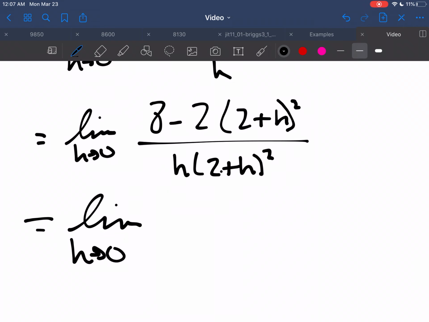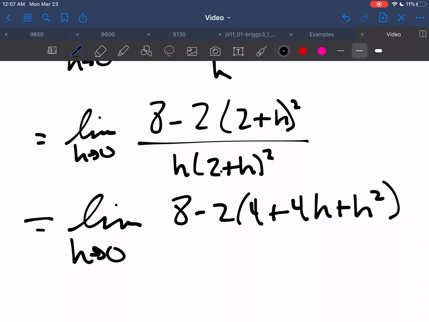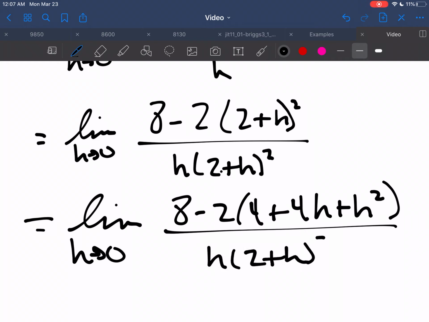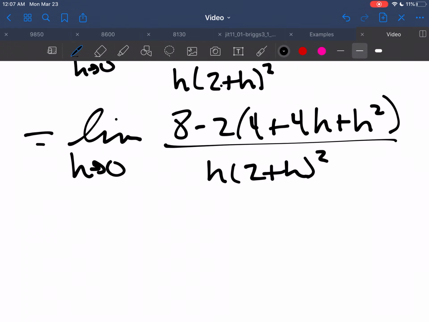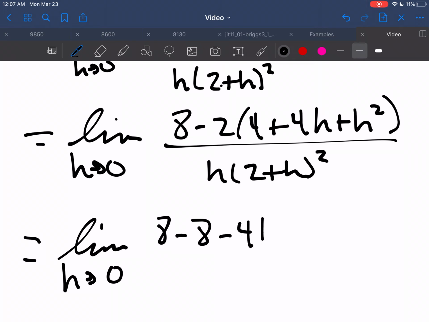If we expand it out, we get an 8 minus 2 times 4 plus 4h plus h squared, divided by h times 2 plus h squared. Okay, and then we get a limit as h approaches 0 of 8 minus 4h minus h squared divided by h.